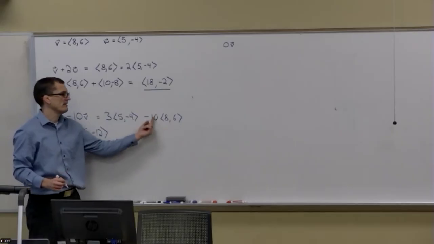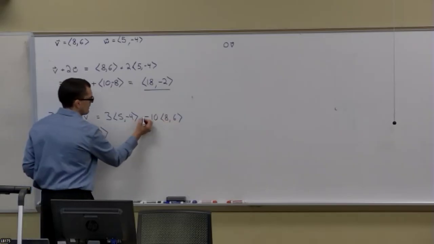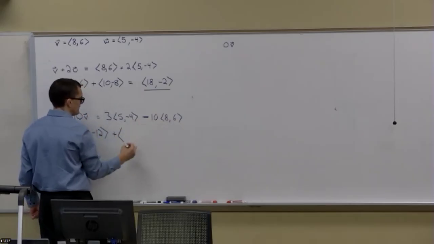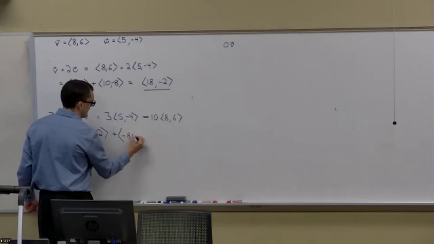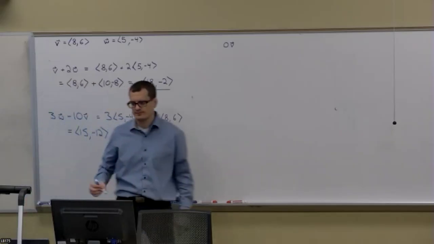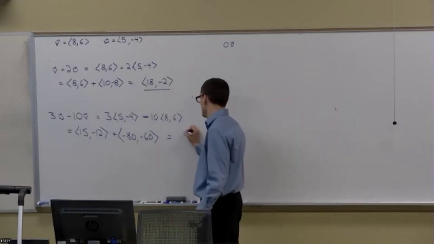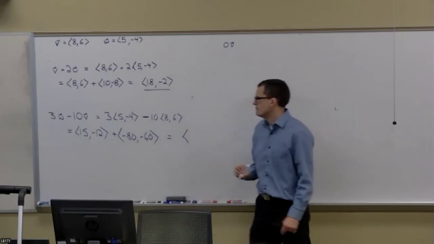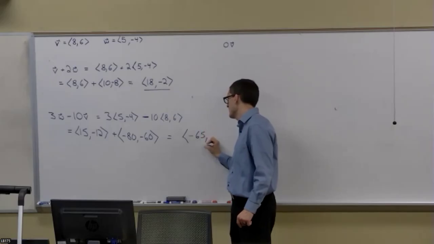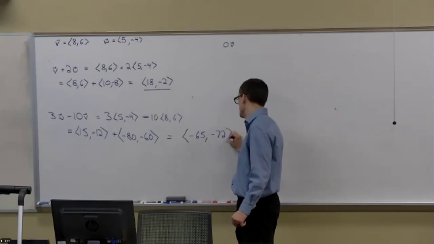You could also multiply the +10 and leave the minus sign there. Either way is fine, but I generally distribute the negative sign with it. So we get -80, -60. Combining those, we get -65, comma, -72.